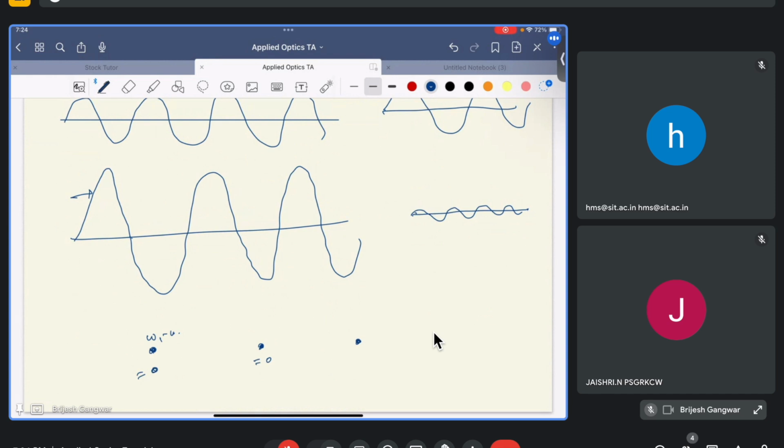At some points the frequency will be doubled. So something will happen like that. Somewhere the frequency is very high, somewhere very low, something like that. This is called a beat.